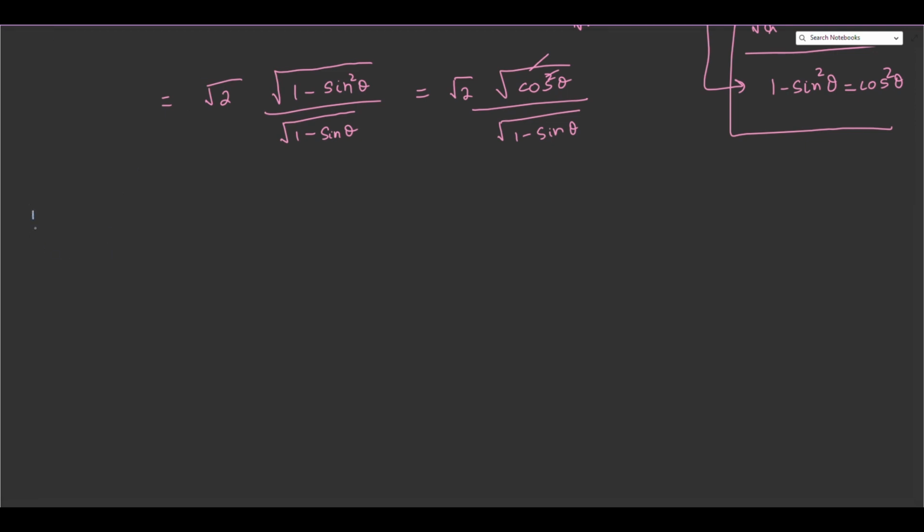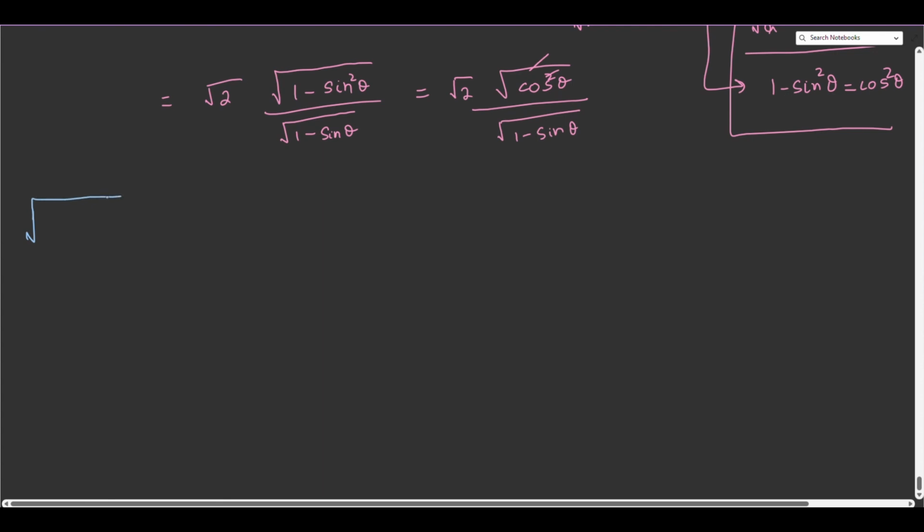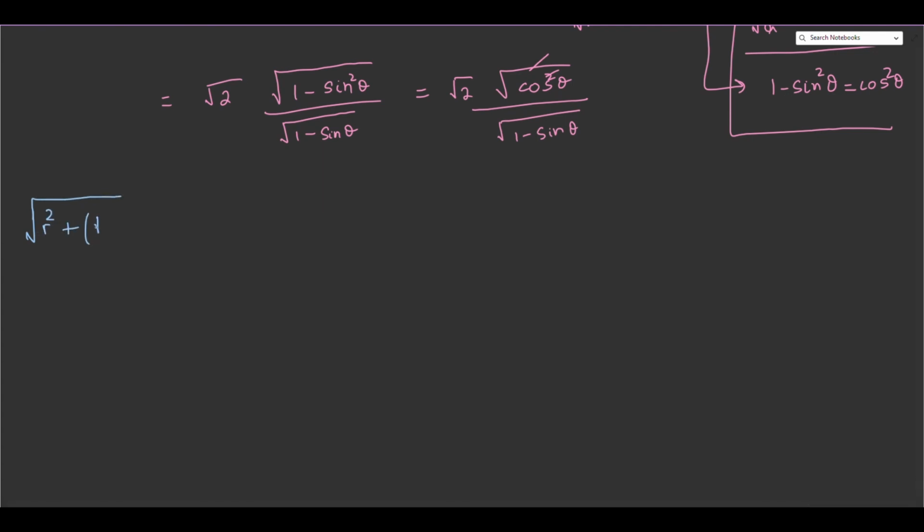So what do we get here? R square plus dr by d theta whole square will be equal to under the root 2.